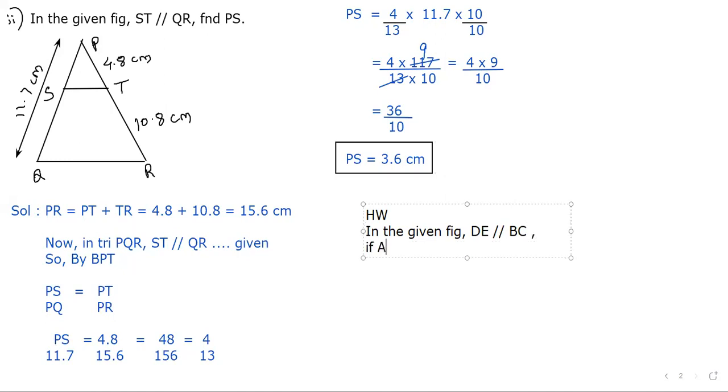If AD upon DB is equal to 6 upon 17. Wait, we have to solve this question.